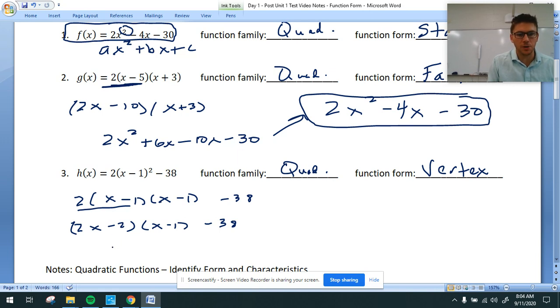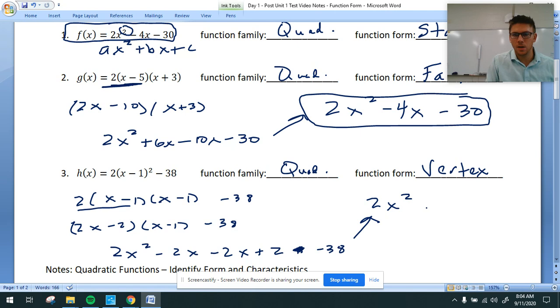When you do that, you're going to get 2x squared minus 2x, and then I continue the distribution, minus 2x plus 2, and don't forget about that minus 38 hanging out there. So 2x squared, let's see here, minus 4x, and this is a minus 36.